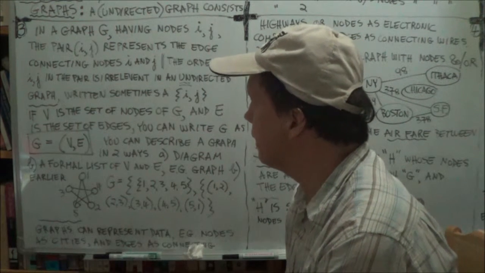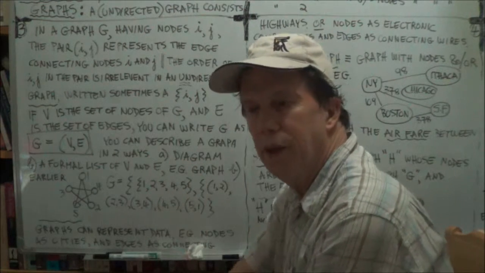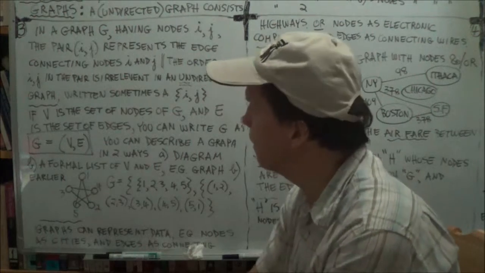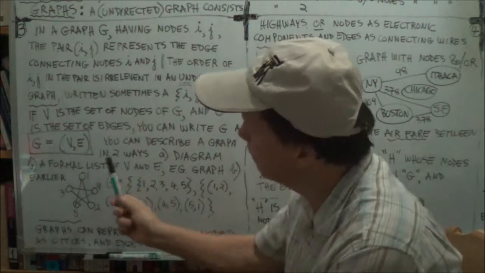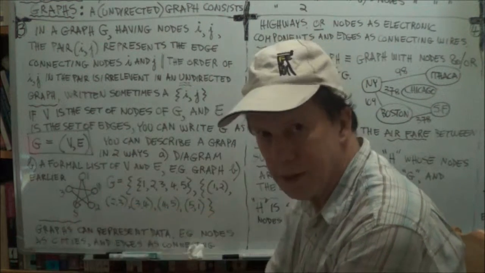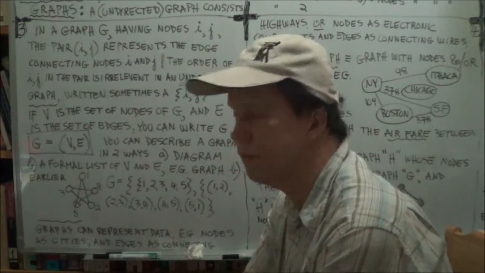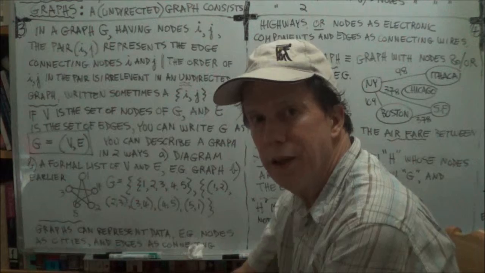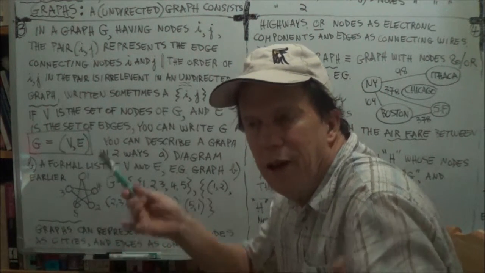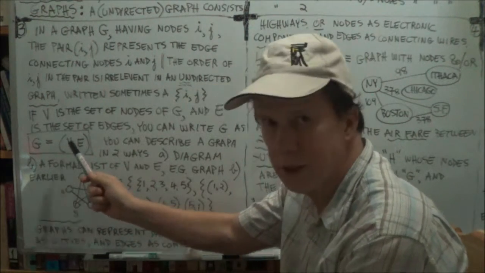Now you can write your graph G as a set of sets, a set of two sets. If you think about it, it's almost common sense. These two things here are sets, and the V here, I was talking a bit about that in the previous session, is the set of all the vertices, or in other words, the set of all the nodes in your graph. V for vertex.